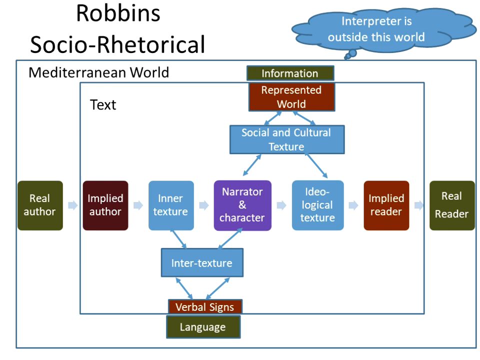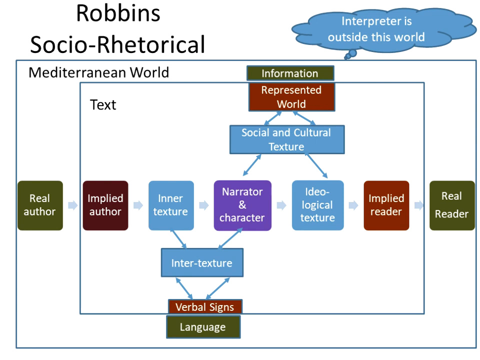Inside of that, it looks at the inner texture, that is, what are the specific things that are happening in the text. It then looks at the intertexture, what historical context, what cultural context. It then looks at the narrator and character that forms the link between that, and the social and cultural texture and the ideological texture.